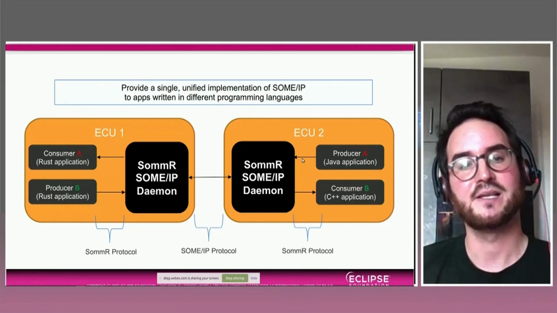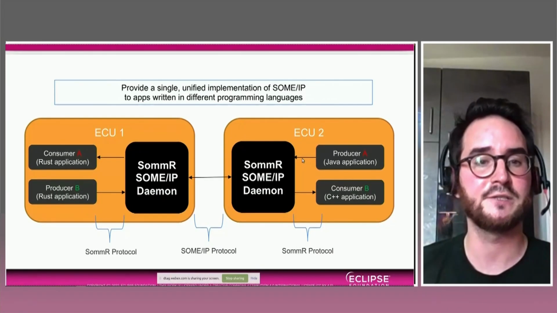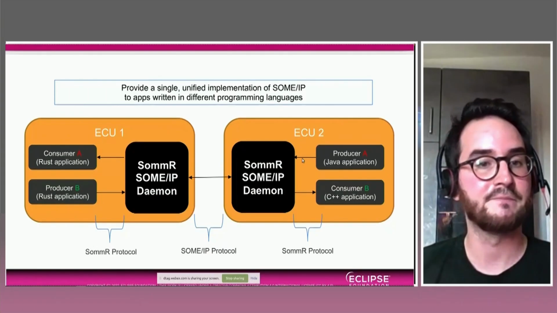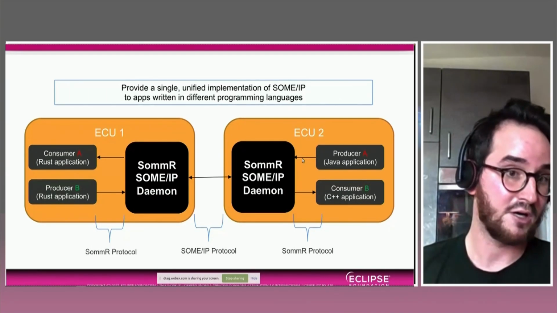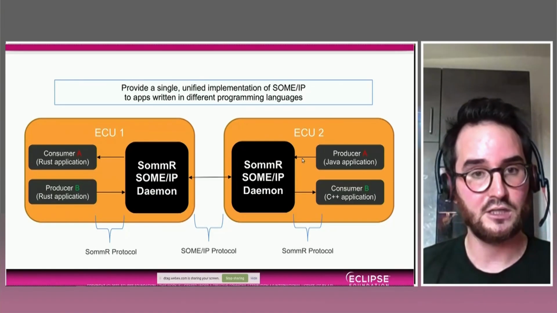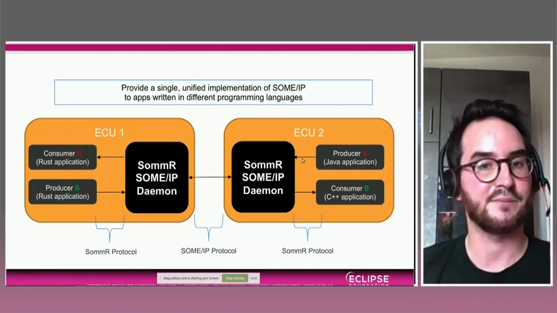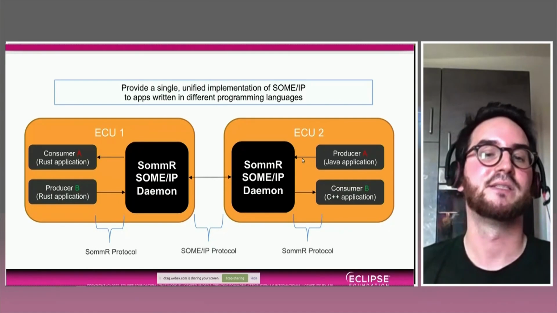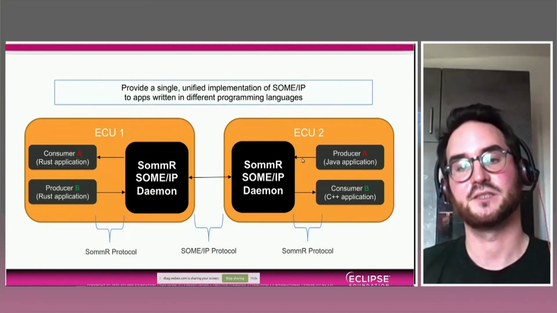This daemon process takes requests from the consumer or the producer and forwards them to other daemons. Let's take, for example, producer B, the green ladder over here. It's a Rust application, and this producer wants to offer service B. It uses the SommR protocol to forward the request to the centralized SommIP daemon, which is responsible for all SommIP activities on this ECU.